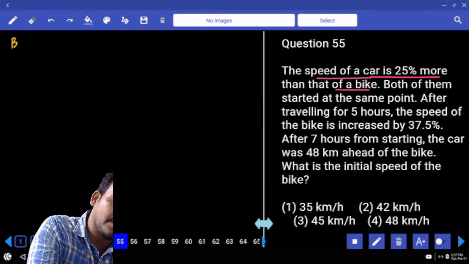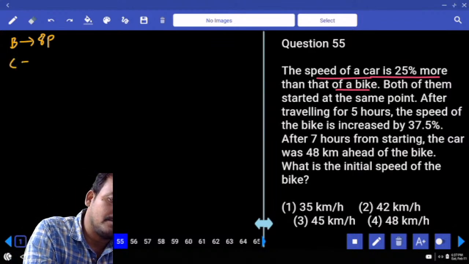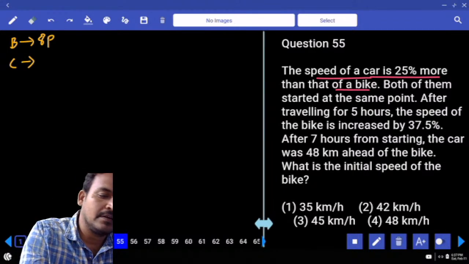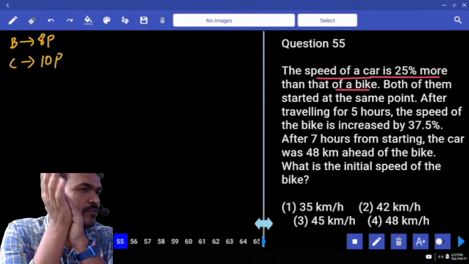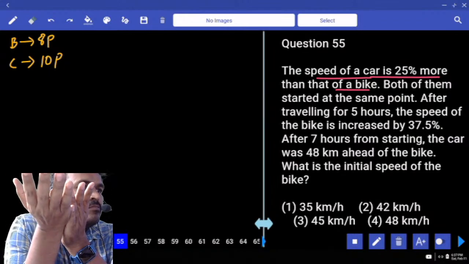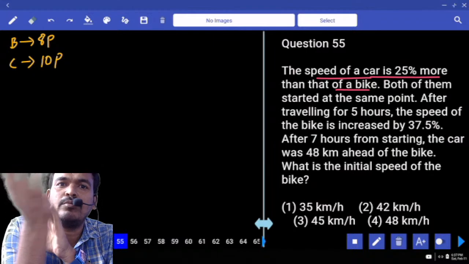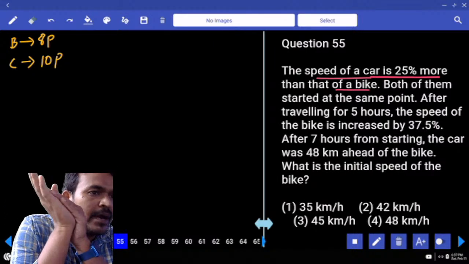Suppose I consider bike speed as 8 parts. Then car speed is 10 parts. 25% means 1 by 4, which is considered as 2 by 8. Either 1 by 4 or 2 by 8, both are the same. Bike speed is 8 parts, car speed is 10 parts.